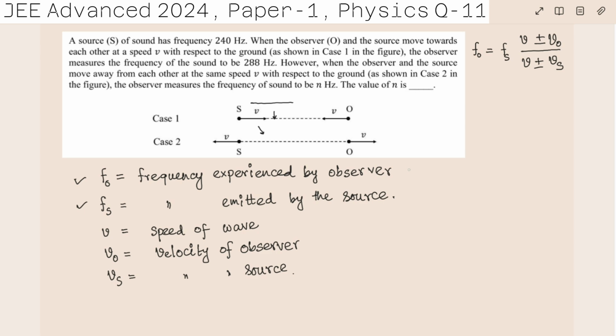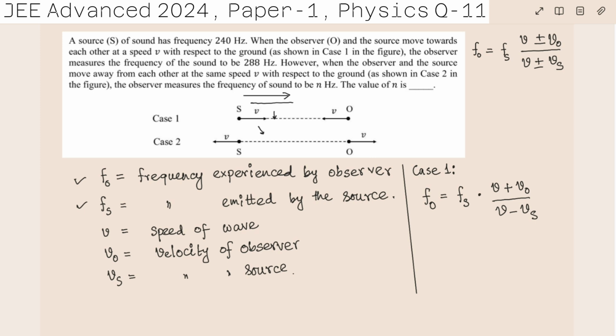So the first case is, let's say, case 1. It is the following: f_o equals f_s times (v plus v_o) over (v minus v_s). This is because if you see, the wave is moving from the source towards the observer, and the observer is coming exactly opposite to the direction of the wave, so the relative velocity is v plus v_o.